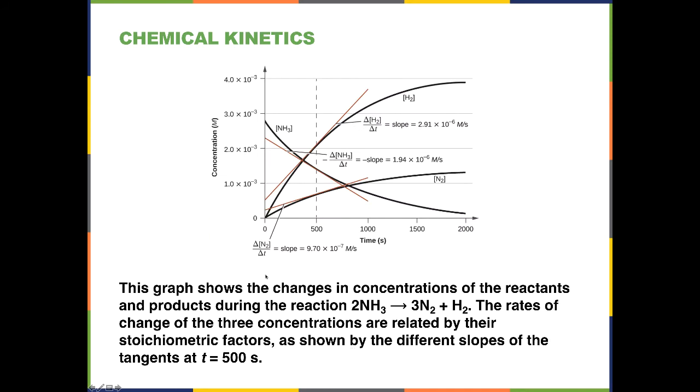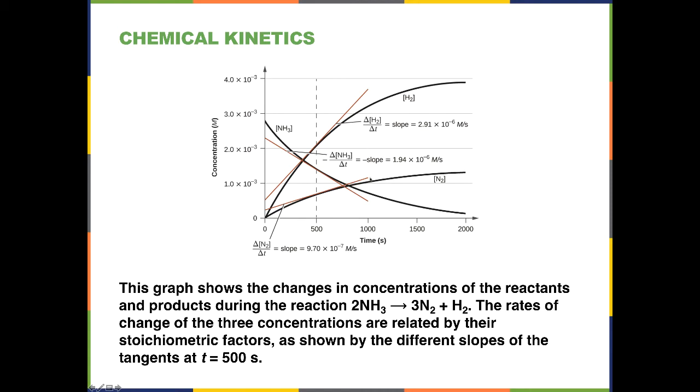So this graph shows all 3 of these relationships together. First of all, you have the line that represents the breakdown of ammonia, and it has its certain rate. Then you have a line that represents the accumulation or formation of nitrogen, and a line that represents the accumulation of hydrogen.